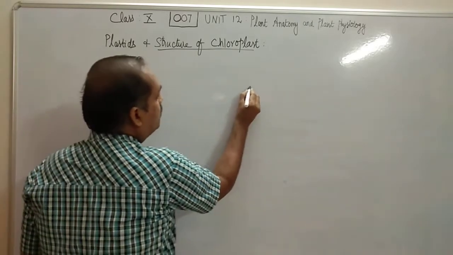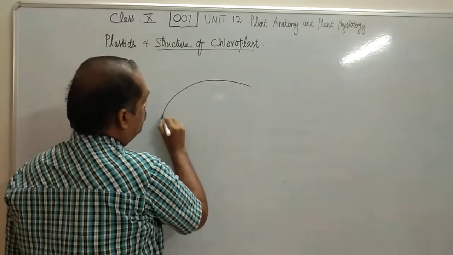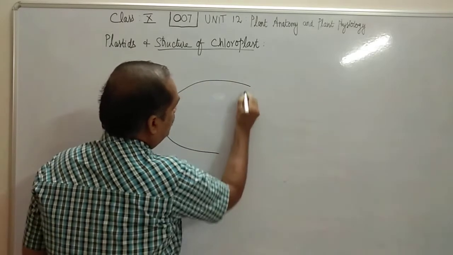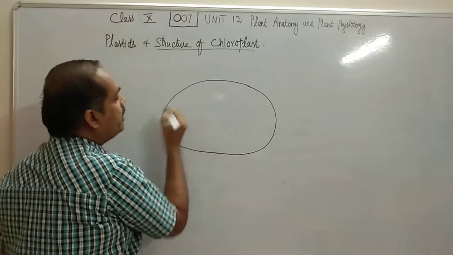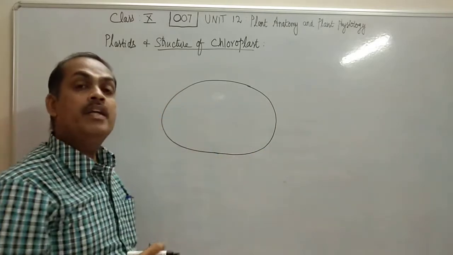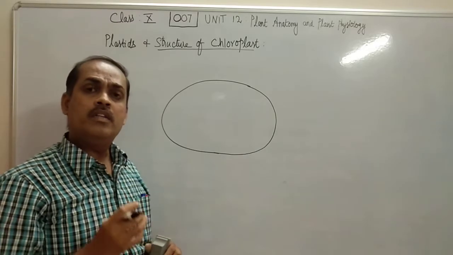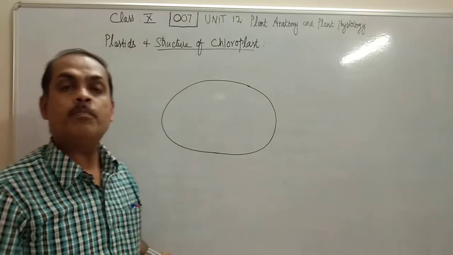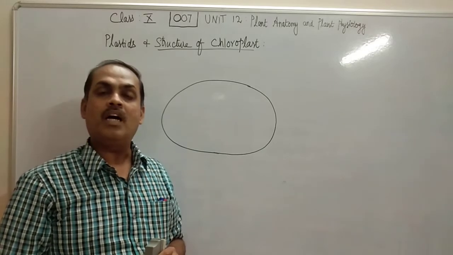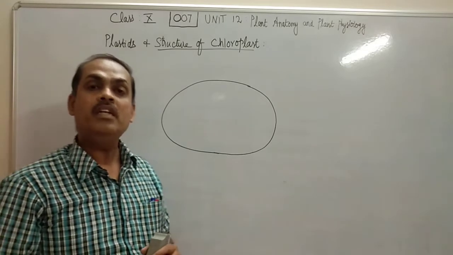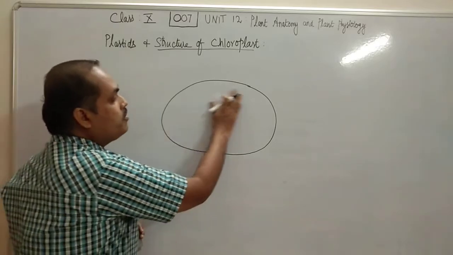So the structure of chloroplast is either oval or discoidal in shape, and the diameter of this chloroplast is 2 to 10 millimeter in diameter and 1 to 2 millimeter in thickness. Now you are able to see the structure.